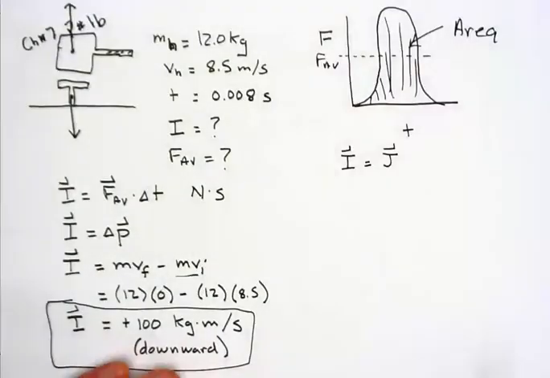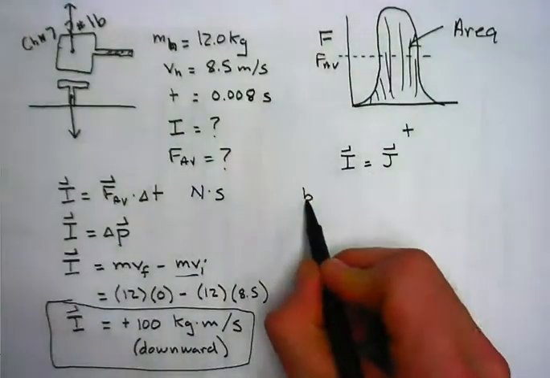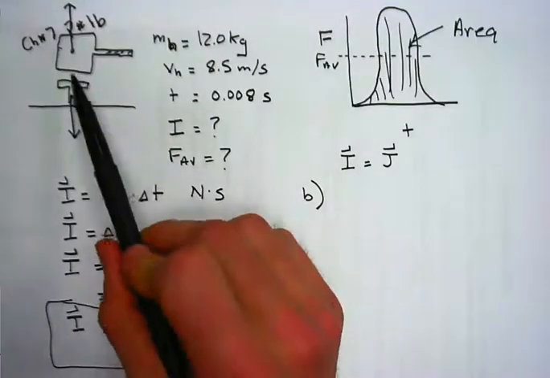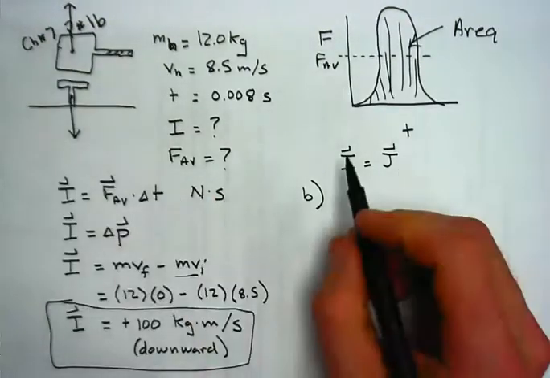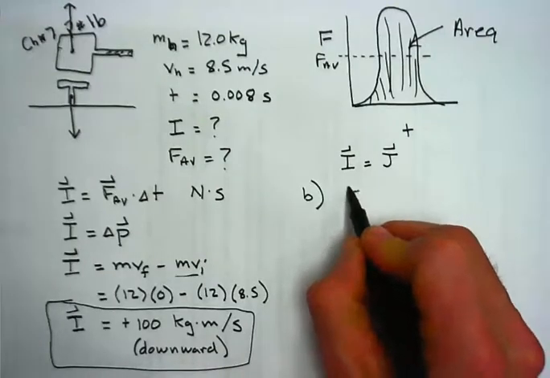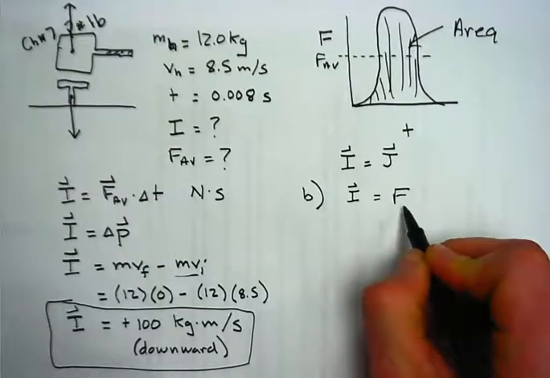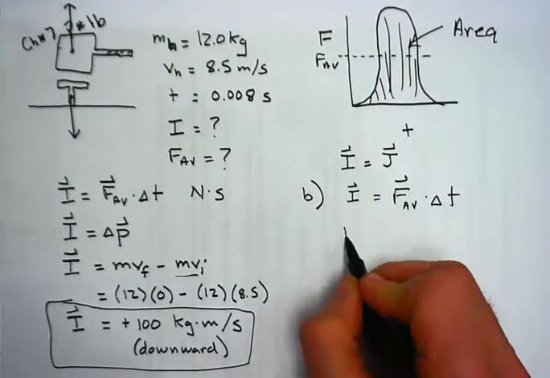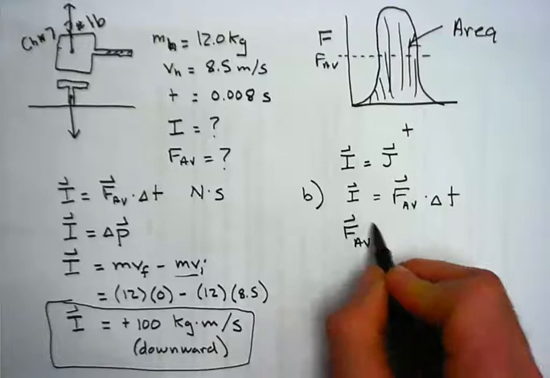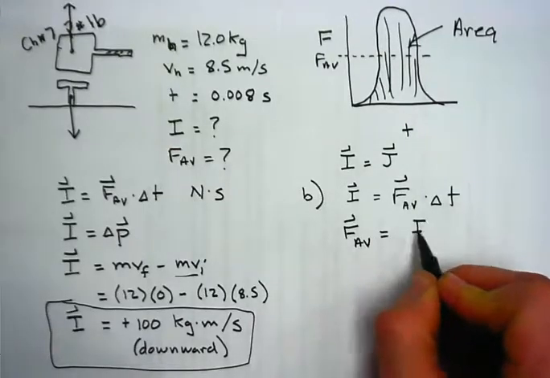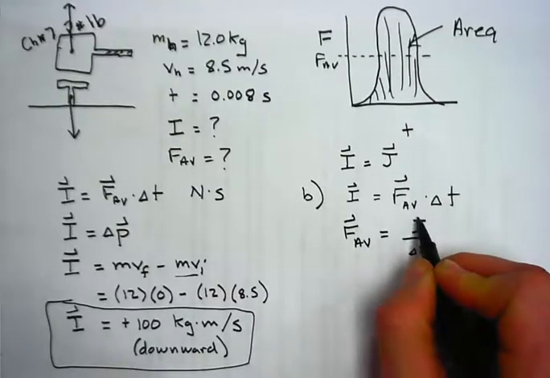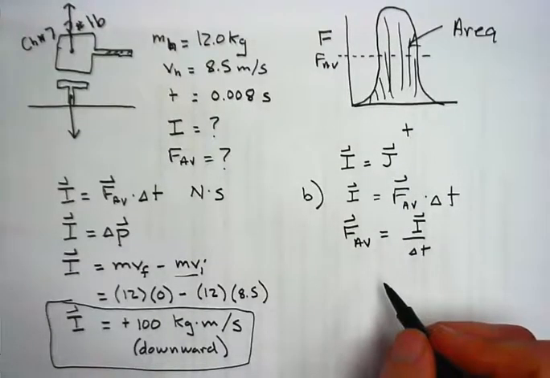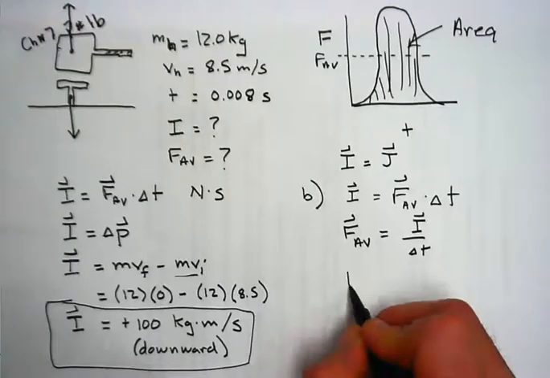All right. Okay, so in part B, the question is asked, well, what's the average force between the hammer and nail? Well, if impulse is average force times the time over which that force acts, I can say the average force is the impulse divided by the time, okay? Notice impulse and average force would be in the same direction by vector quantities, okay?